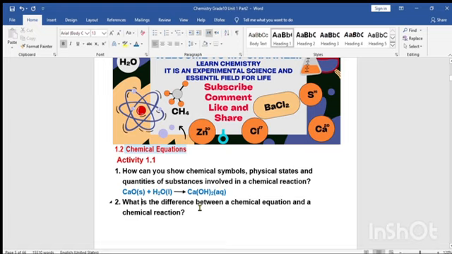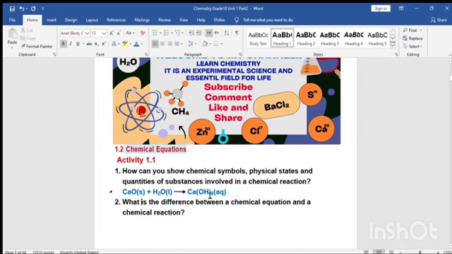What is the difference between chemical equation and chemical reaction? It is easy. You can answer the question from the answer given above. The chemical equation means a shorthand representation of a chemical reaction. For example, the chemical reaction taking place between calcium oxide and water to give calcium hydroxide is symbolized or expressed with this equation: CaO + H2O gives Ca(OH)2.